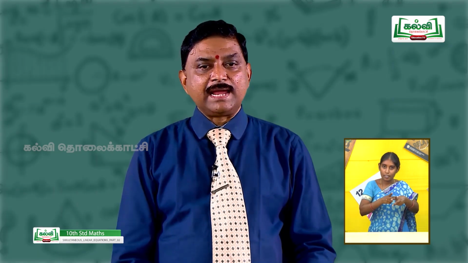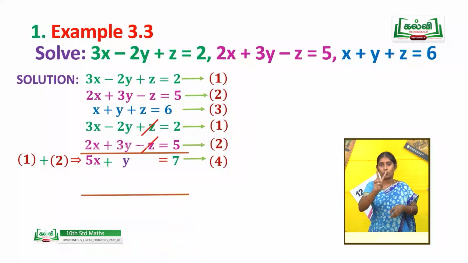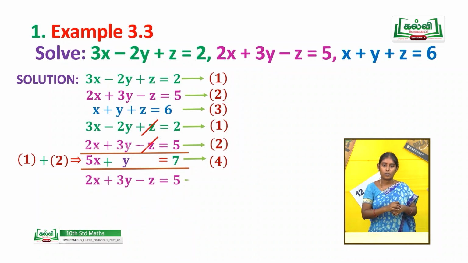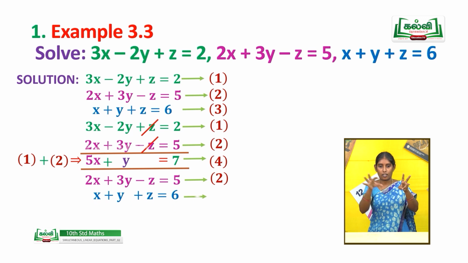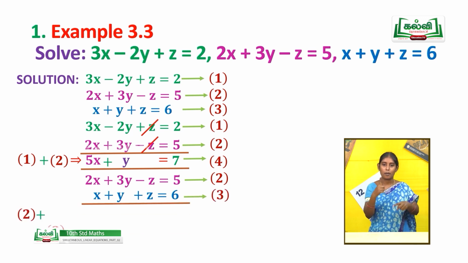Okay, now again we have to take another two equations and cancel the z, because the first two equations we took and cancelled the z. So we have to take another two equations and cancel z alone, not the other x and y. And we have to form a new equation in two variables x and y.